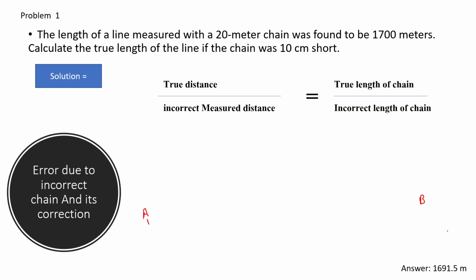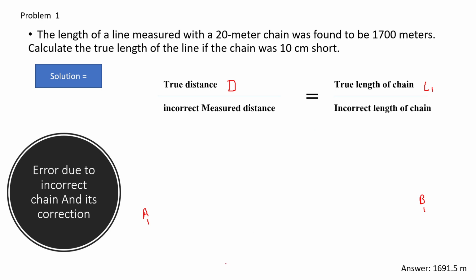Suppose the distance between A and B is D. If we are using an accurate chain, suppose of length L1, then the distance will be correct. But if there is some defect in the chain, and it is short or long, then the measured distance will not be correct. That's why we have to solve the problem.